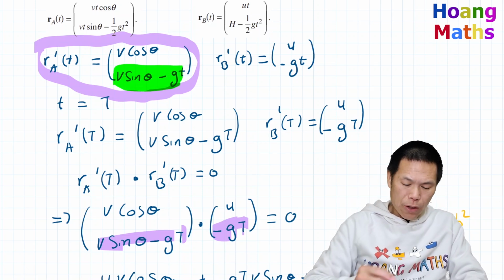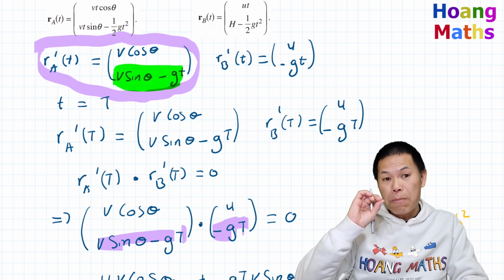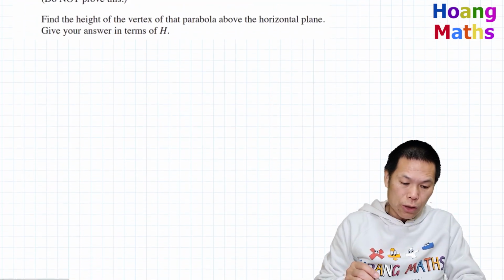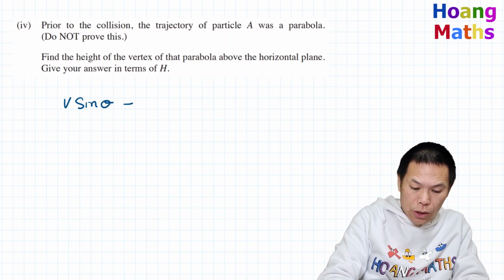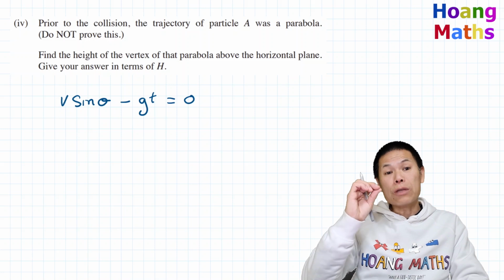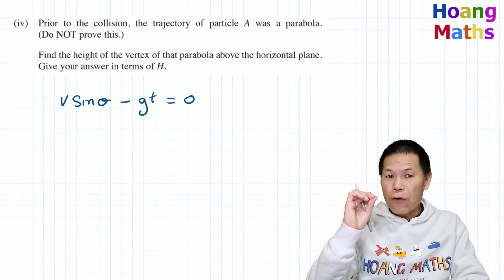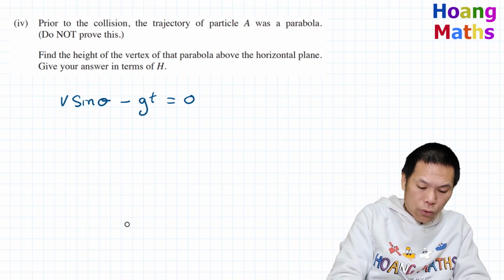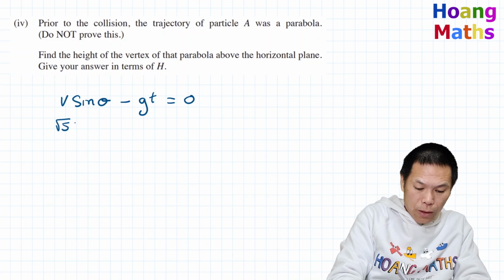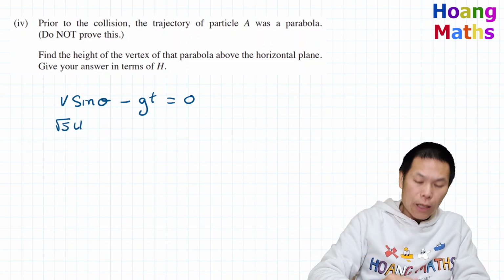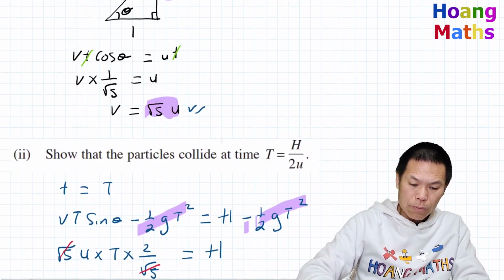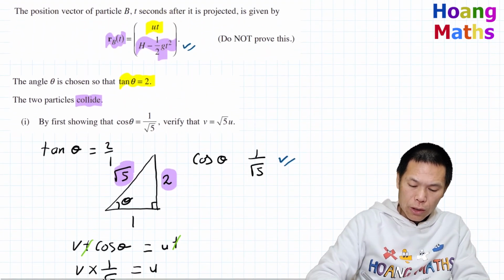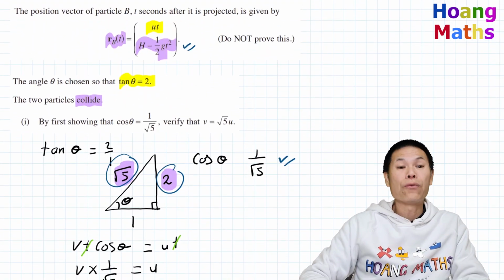So let me just write this down. v sine theta minus gt is equal to 0. But we know that v is square root of 5 times u from earlier, and sine theta is equal to 2 over square root of 5 from the earlier part.